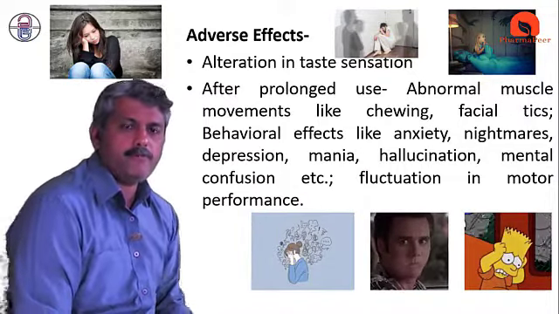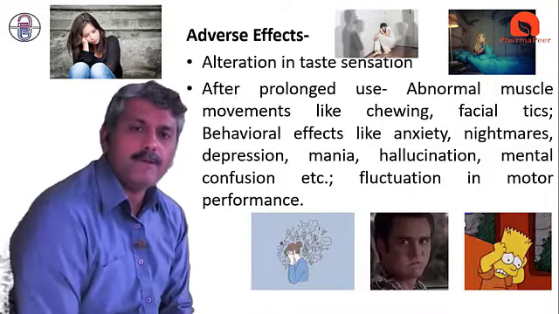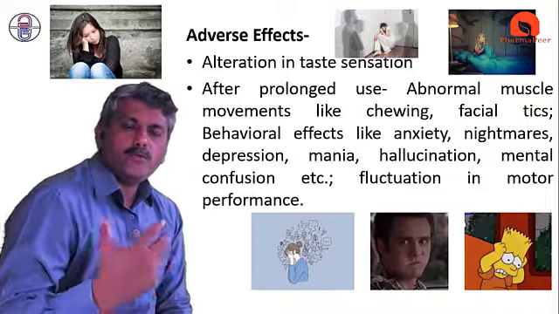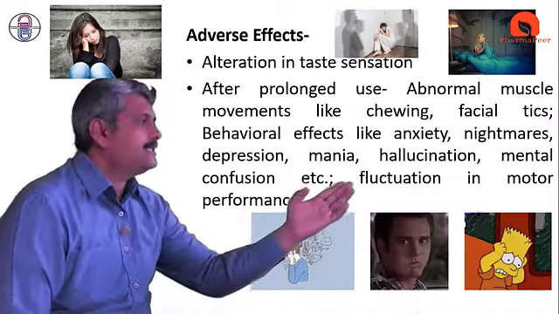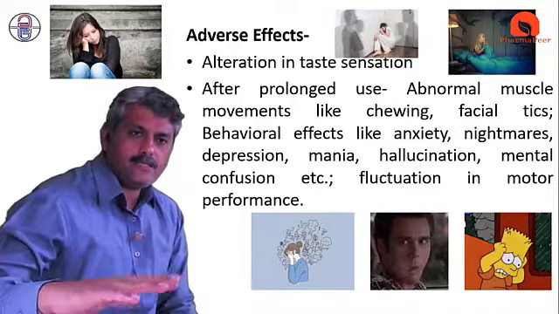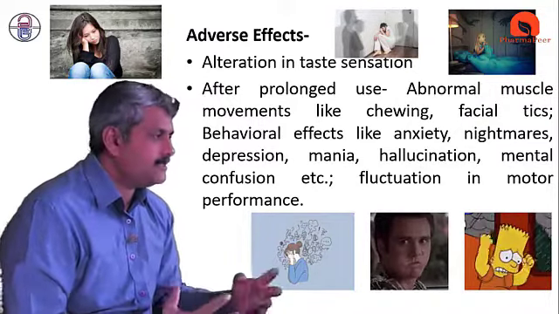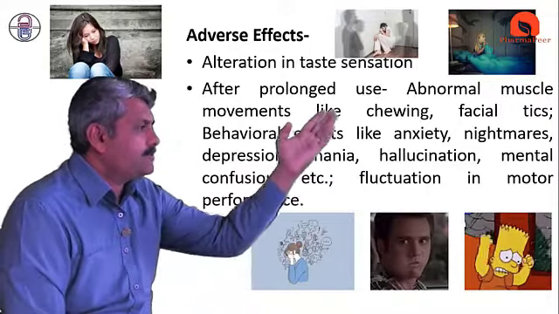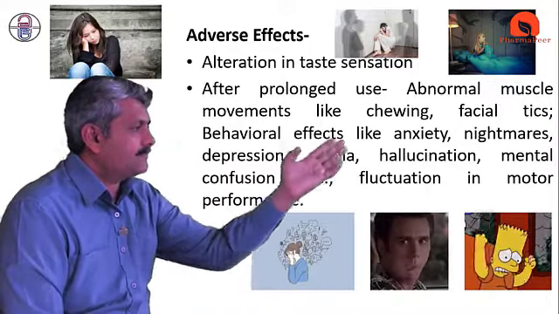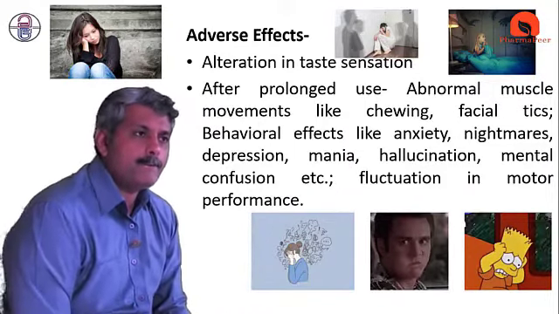Fluctuation in motor performance is nearly correlated with the movement of the body. So the correlation with the movement gets a little changed. Sometimes it is very normal, sometimes it is a little confusing, there is a little change in the correlation. So these are the symptoms that are because of the increase in the quantity of dopamine.